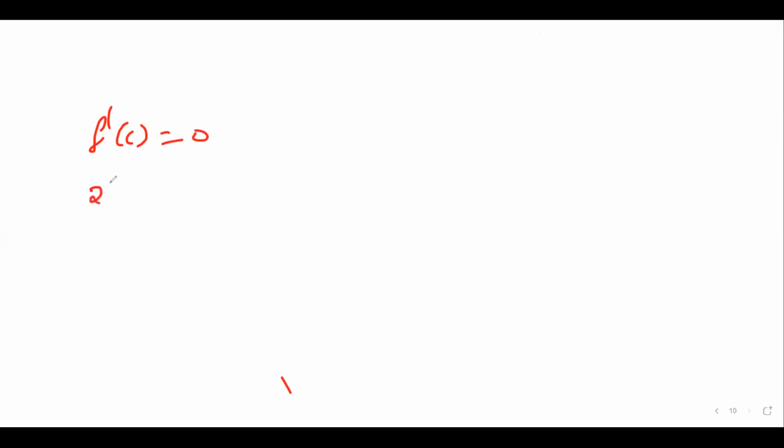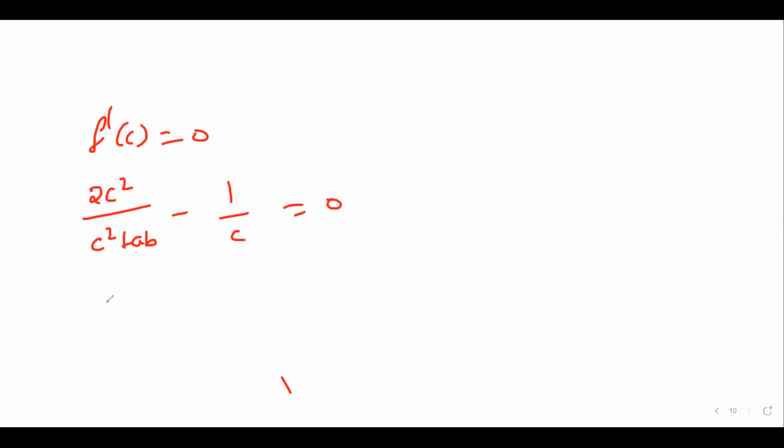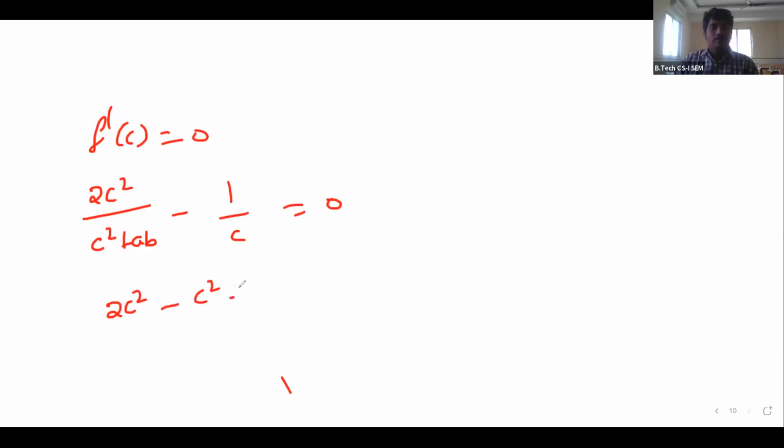f dash c is equal to 0. Who will tell me fast, what is f dash c? 2c by c square plus ab minus 1 by c is equal to 0, right? Cross multiplication, LCM: c square minus ab by c into c square plus ab, 2c square minus c square minus ab by c into c square plus ab is equal to 0.